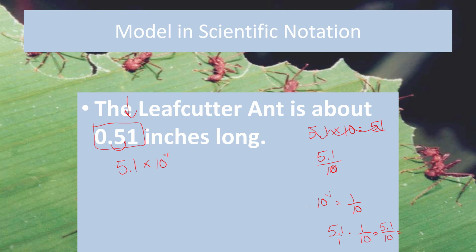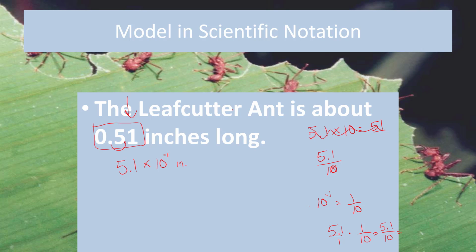When we're going from standard notation to scientific notation, and we move the decimal to the left, we'll have a positive power. When we are going from standard notation to scientific notation, and we move the decimal to the right, we need to have a negative power.